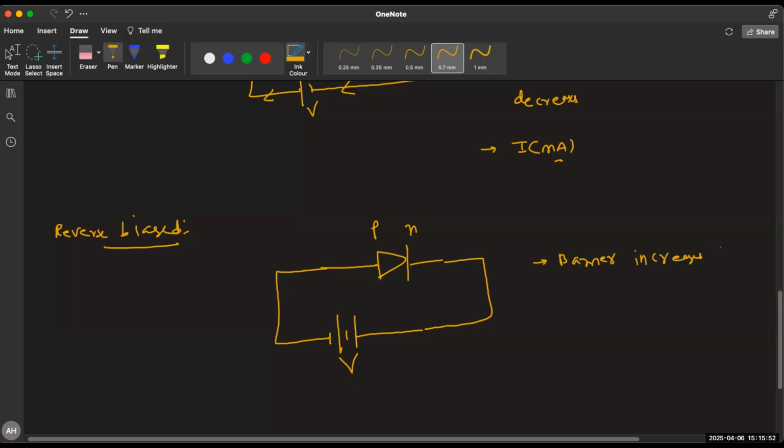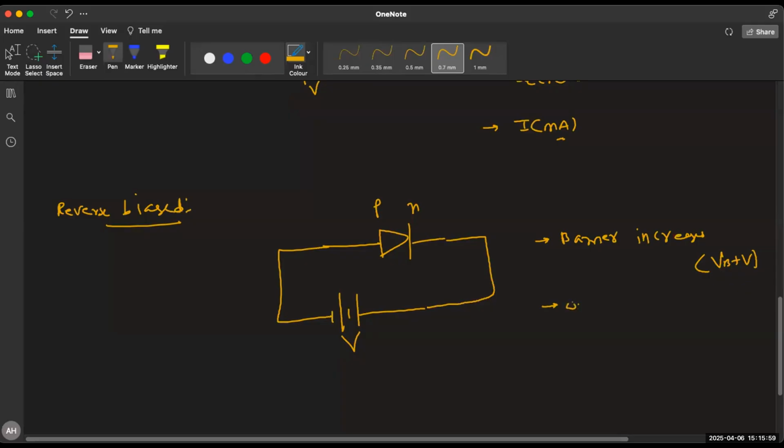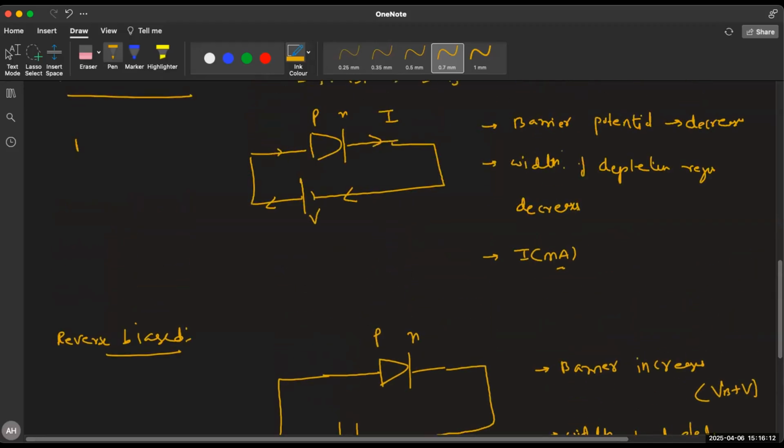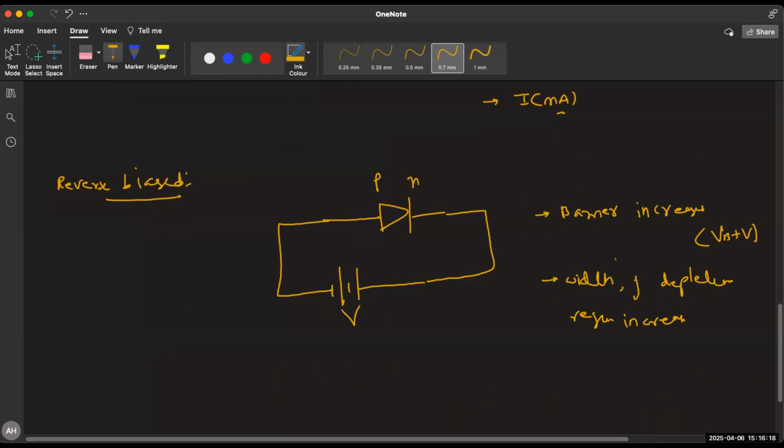The barrier is now greater than VB. The width of the depletion region increases, and the resistance of the depletion region also increases.